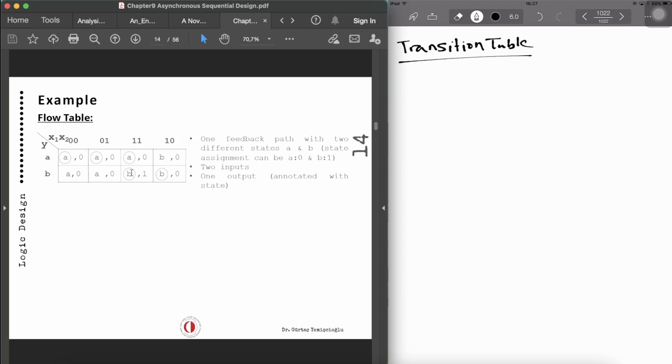So the transition table for this flow table: what we need to do is write this as numbers rather than the letters. This is x1, x2, and y, a, b. So 0, 0, 0, 1, 1, 1, 1, 0. Now these are the present states and the next state.